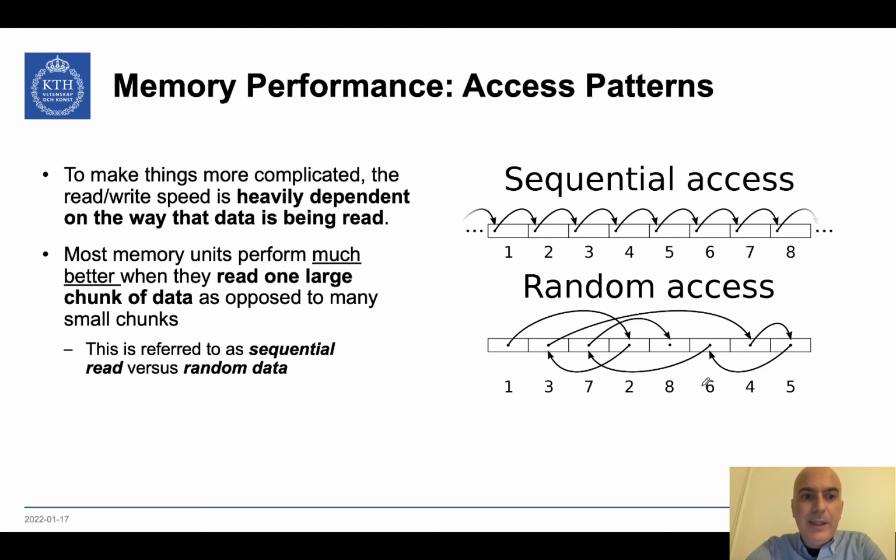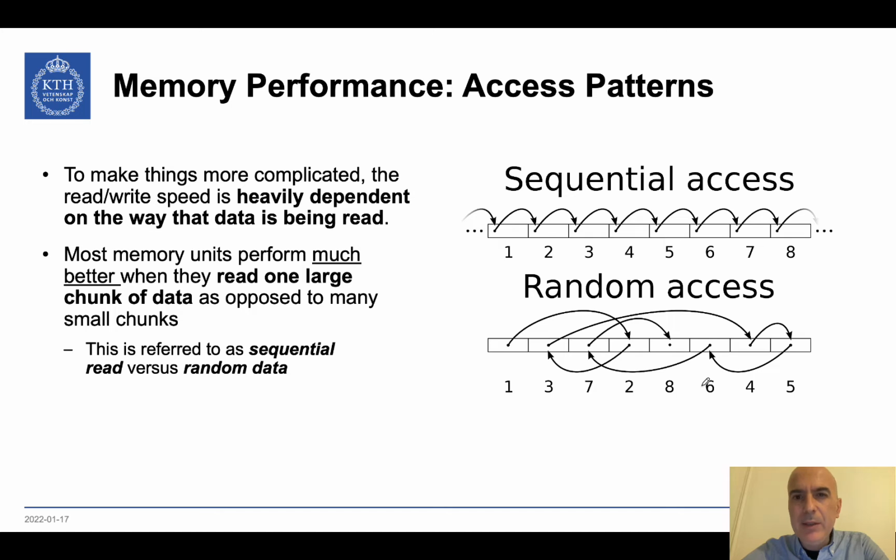Most of the memory units perform much better when we read a large chunk of data in one big shot, as opposed to many small chunks. So if you read one big chunk of data, the bandwidth is going to be much higher than the bandwidth of reading several small amounts of data.